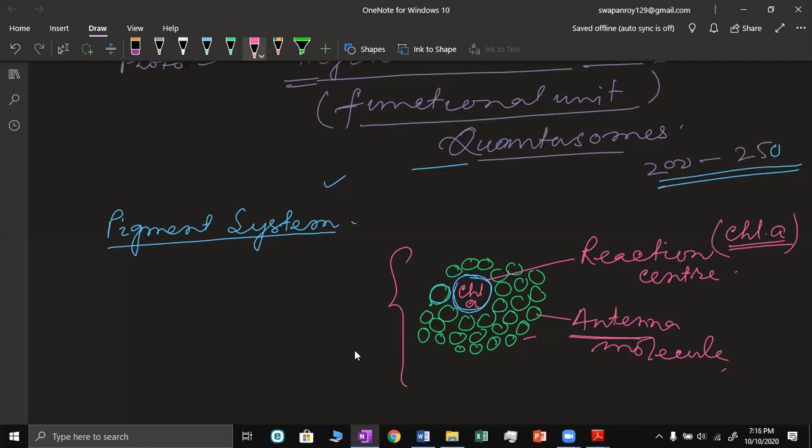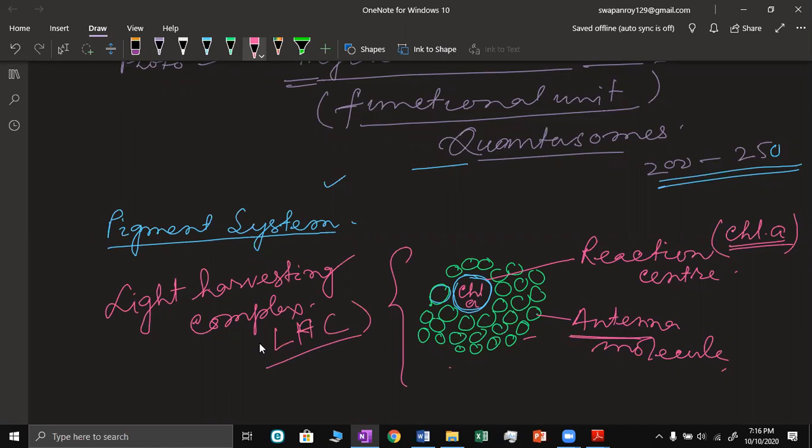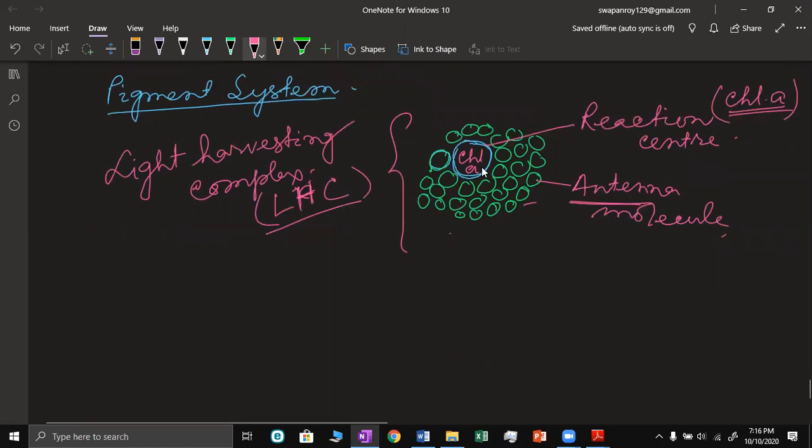Together, this complex is also known as the light harvesting complex, LHC. The chlorophyll A molecules of the reaction center are of two different types, and accordingly the light harvesting complex or pigment system is also of two types.